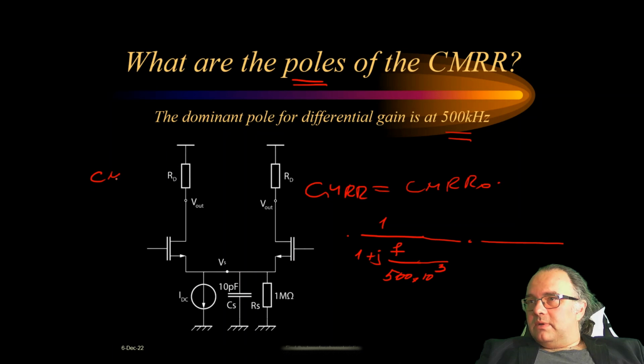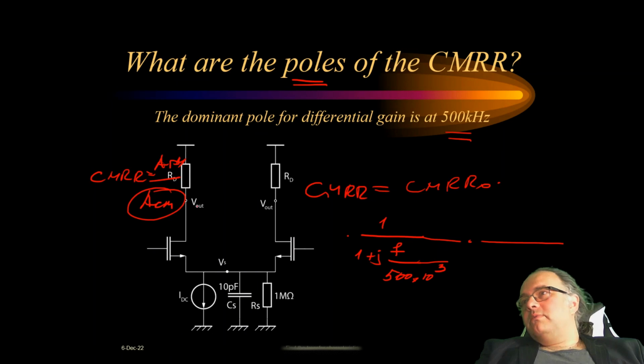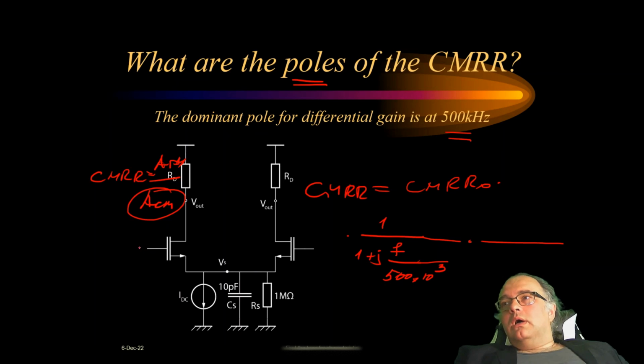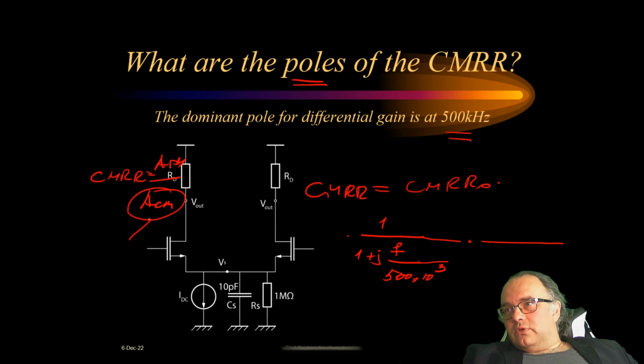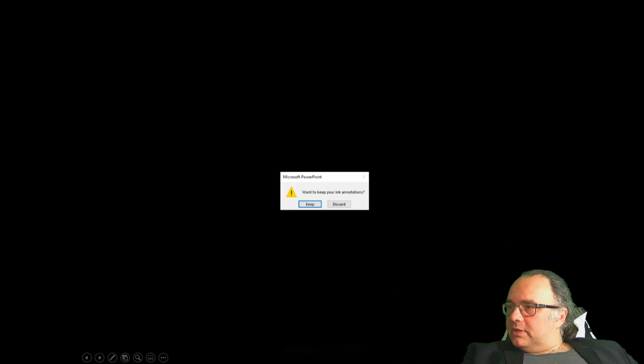So you remember the common mode rejection ratio was the differential gain divided by the common mode gain. And this common mode gain will have frequency dependence. There will be a zero, and the zero for the common mode gain is like a pole for the common mode rejection ratio. So the zero will come here, which we calculated. 9 kilohertz. This is what we calculate.